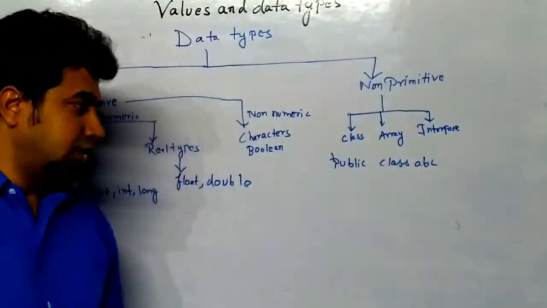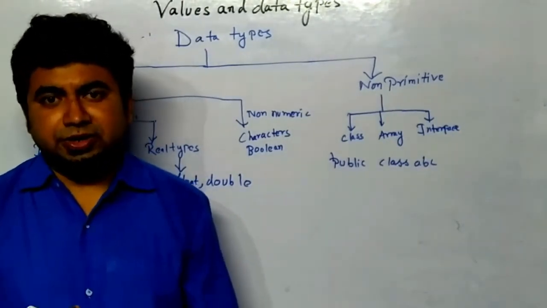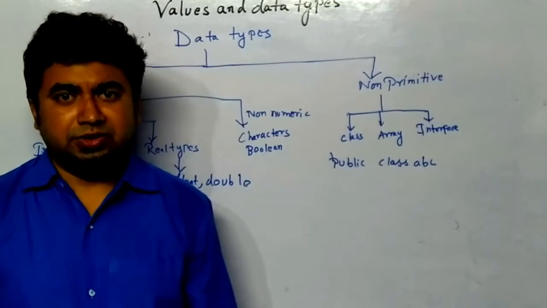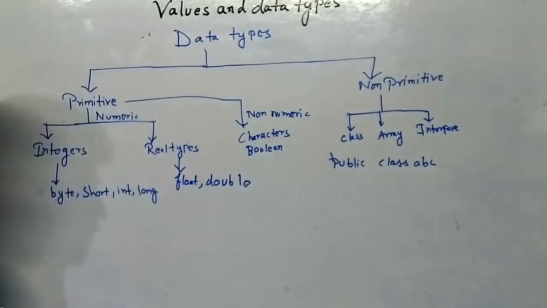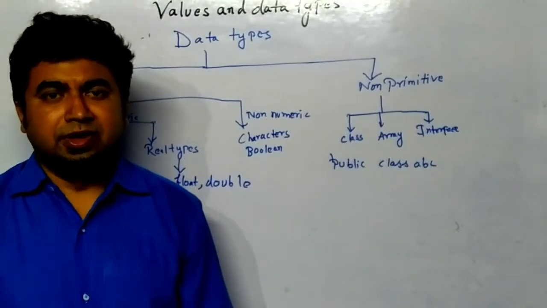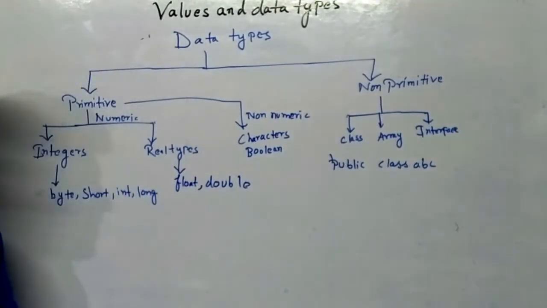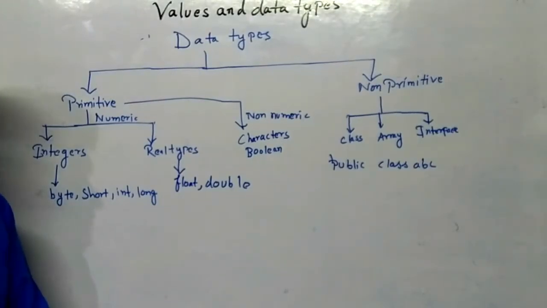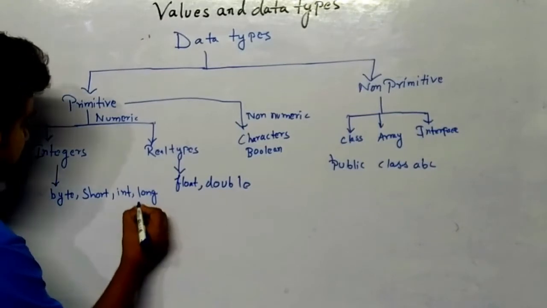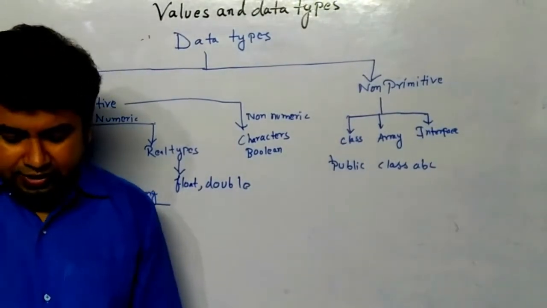If you have 4 liters of oil, then you will need a 4 liter vessel. In the same way, if you have big data, means a large number in integer, then you will store it in long, because long is the largest.